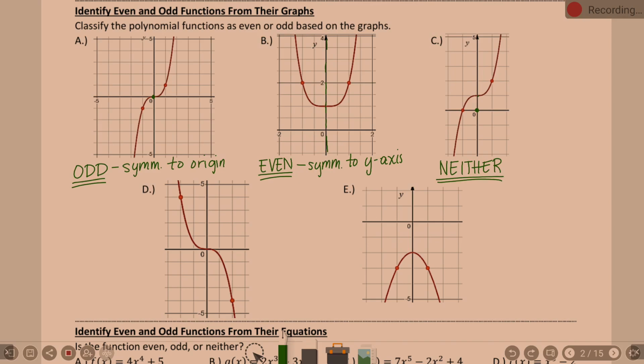And you can tell that it's symmetric about the origin there and that's kind of a centering point. So this is another example of odd. My reasoning is symmetric about the origin. Okay. What about E?